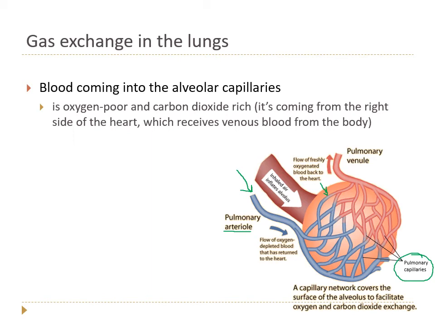So we have this network of capillaries surrounding the alveolus. Here is where the carbon dioxide is going to leave the bloodstream and move into the inside of the alveolus. Oxygen is going to move from the air inside the alveolus into the blood in the capillaries, and then the blood will continue to move out through a pulmonary venule, which will then drain into pulmonary veins, and then eventually into the left atrium, left ventricle, out the aorta, because this is now blood that's been oxygenated and has gotten rid of its carbon dioxide.